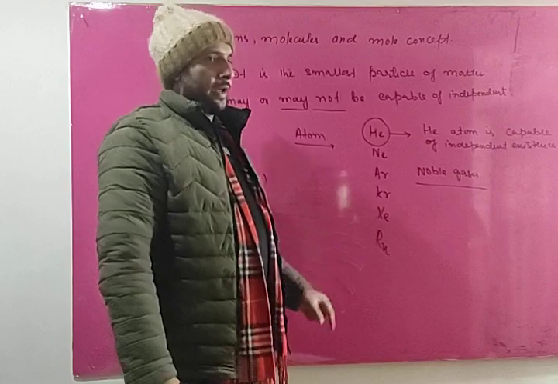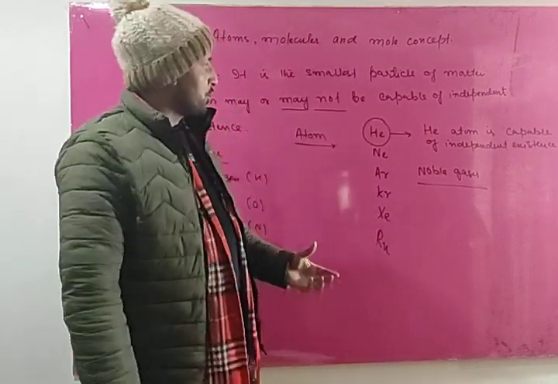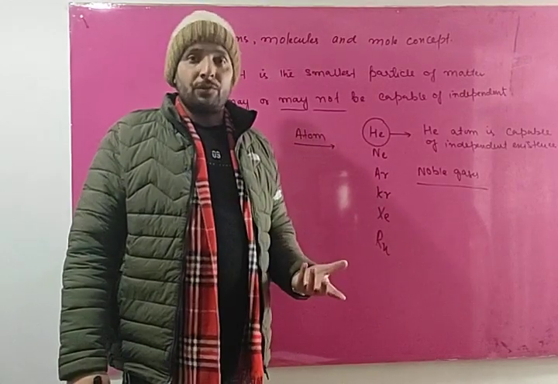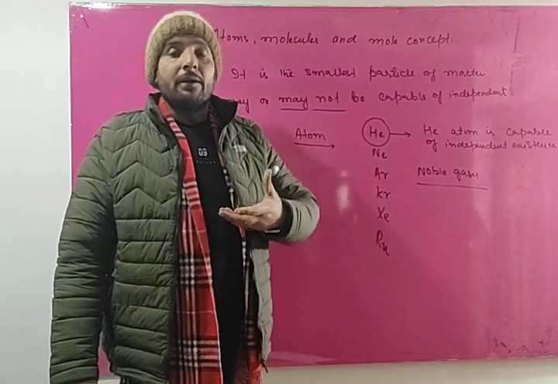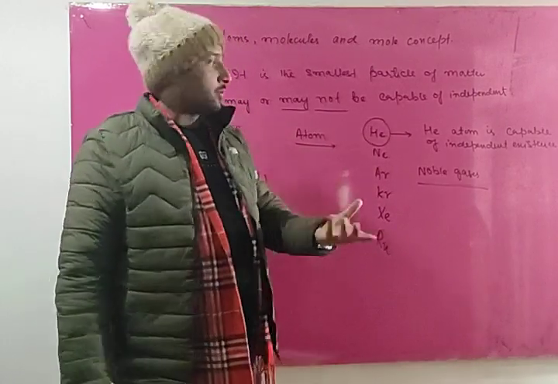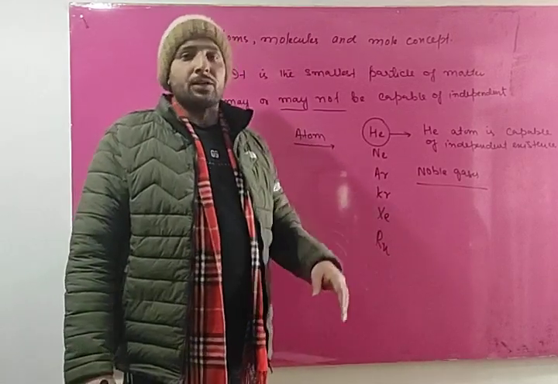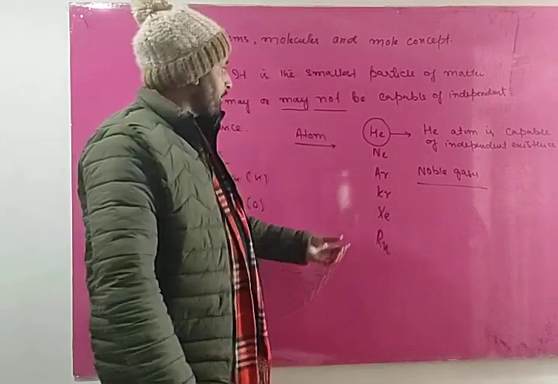So helium जो है इसके atoms independently exist करते हैं. So we can have atoms of helium, individual atoms of helium. हमारे पास independent, individual helium atoms होते हैं because helium के atoms जो है वो stable है under normal conditions of temperature and pressure, under natural conditions जिसको हम कहते हैं, right?